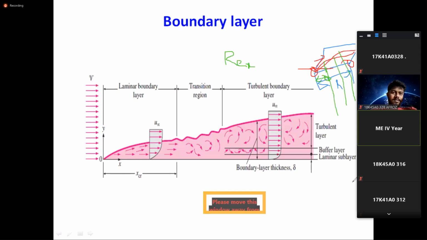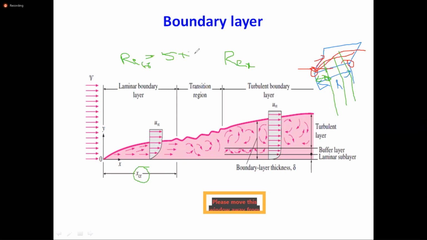Like that, we have to estimate the boundary layer thickness. What is the critical boundary layer thickness? It is the thickness at the critical Reynolds number, Re critical, which is equal to 5 into 10 to the power of 5 for a flat plate.